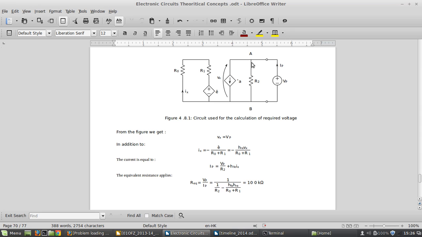By using this test current and test voltage, the solution was like this: first I equated that Vx equals Vp, because if you check this portion, this is a dependent source.